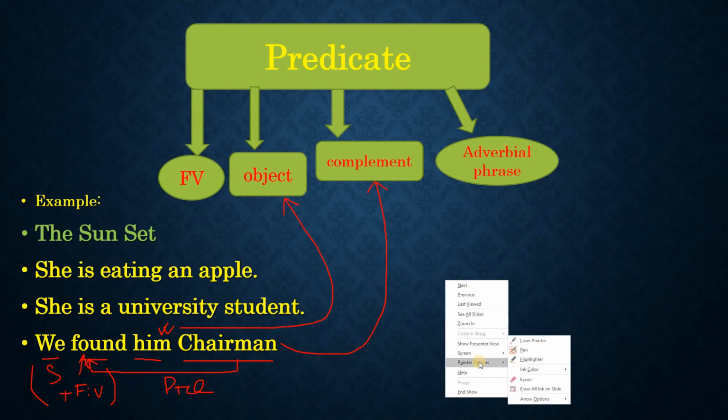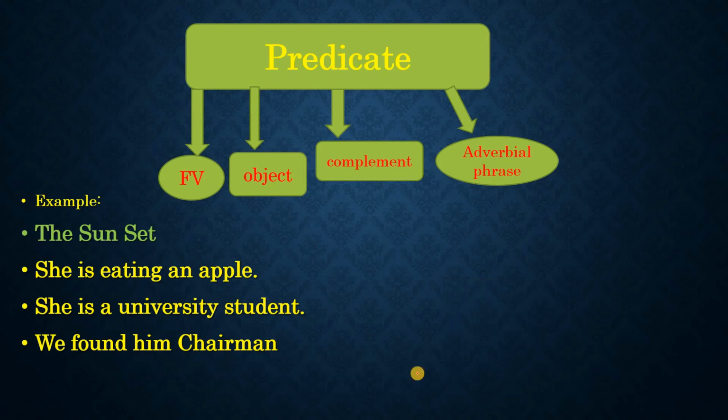So dear students, now try to realize again what I say. Him, that means chairman. There is a relation with him. We found him chairman. There is a relation between him and chairman. Him here is the object.